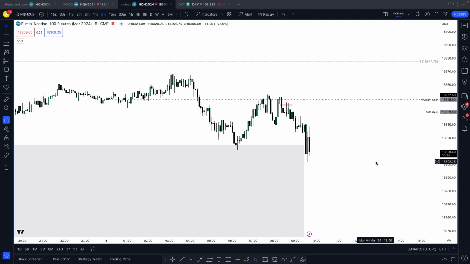3, 2, 1. But what you want to be aware of is that not every displacement higher is an opportunity to go long on a retracement into it, because it can be displacing higher into a higher time frame inefficiency that would support price in the opposing direction, just like we saw up here.